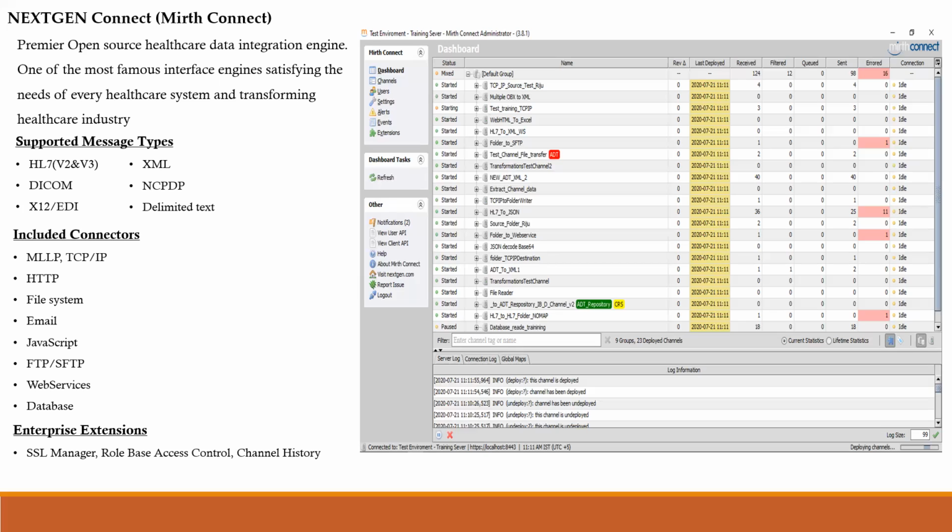But within Mirth Connect, it is mostly flexible. You can paste your own template, and using that source template, you can have your destination template as well, and you can write your own mappings. So it is more flexible in that aspect.